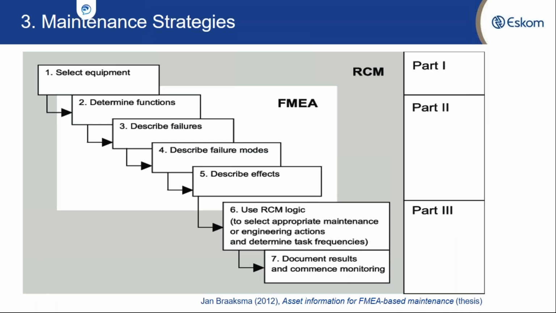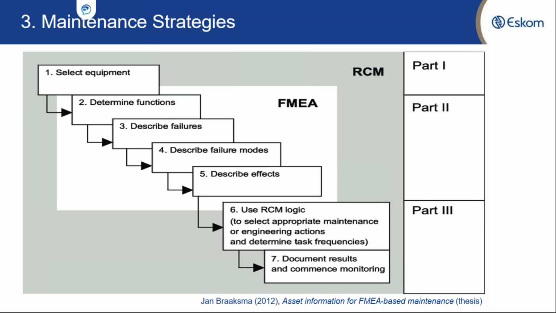So with this slide, the intention is to summarize what is involved in terms of doing RCM, and Praxma has summarized this picture to say doing RCM is a 3-step approach. It starts with selecting an asset.